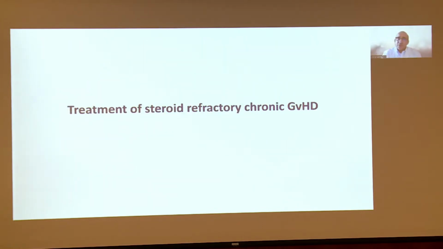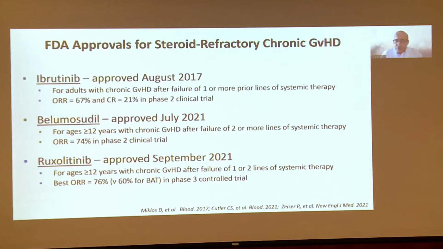GVHD management is also improving, not only in prophylaxis, not only in the acute setting, but also in the chronic GVHD setting. And we have some very good news when it comes to steroid refractory chronic GVHD. Ibrutinib, I think you're well aware of it, although I think in Europe, in the Middle East, it's not very popular.